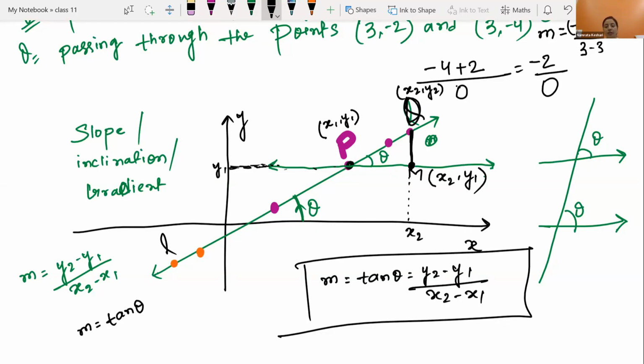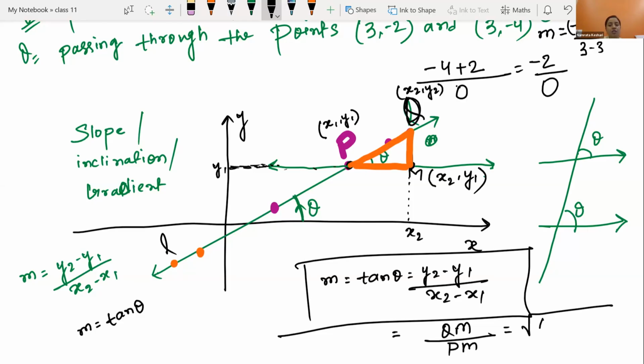Yes, ma'am. Now we are trying to find tan theta in triangle PQM. Focus on the triangle PQM, you are trying to write the trigonometric ratio tan theta. So the tan theta formula is opposite over adjacent. Opposite is QM, adjacent is PM. Now, when you use the distance formula, the distance between Q and M is the root of x2 minus x1 whole square plus y2 minus y1 whole square.